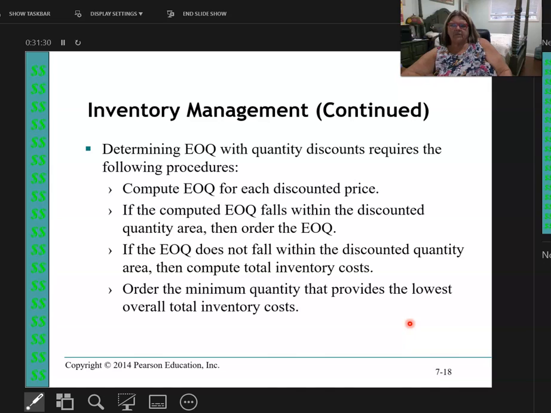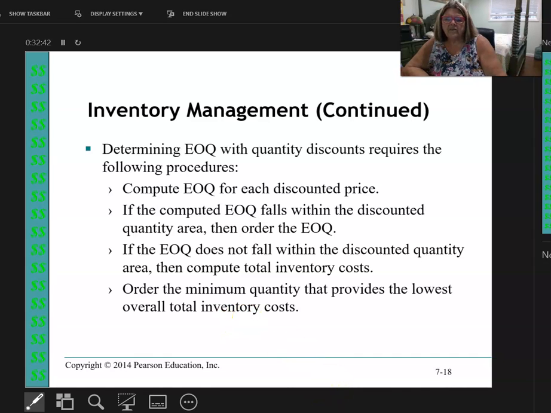And at different quantities, I may pay different prices. So on the next slide, we're going to look at the different prices I will pay at different quantities, because with most suppliers, the more you buy, the cheaper it costs. We'll check this out on the next slide.